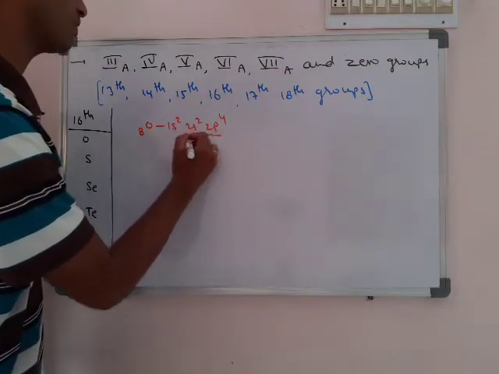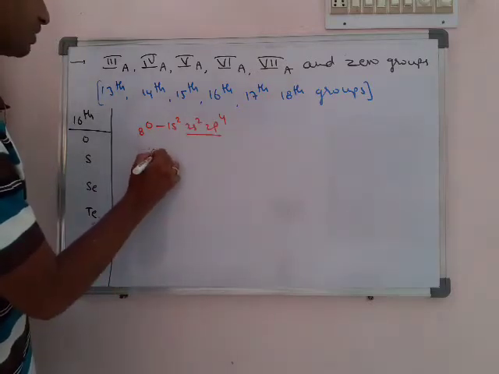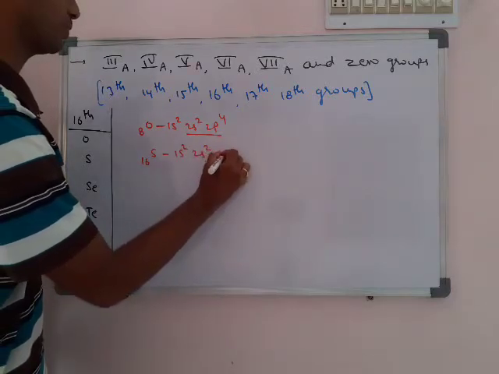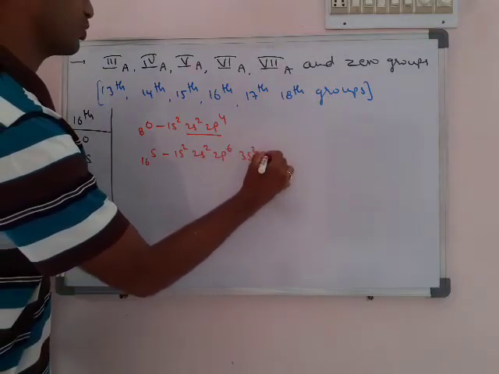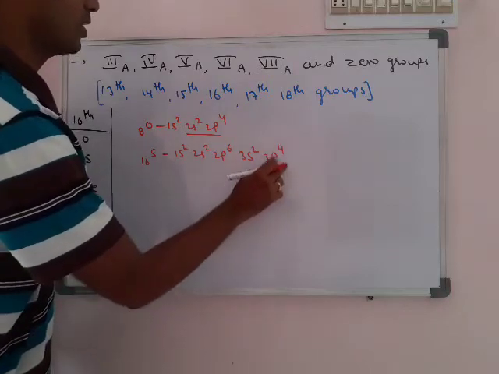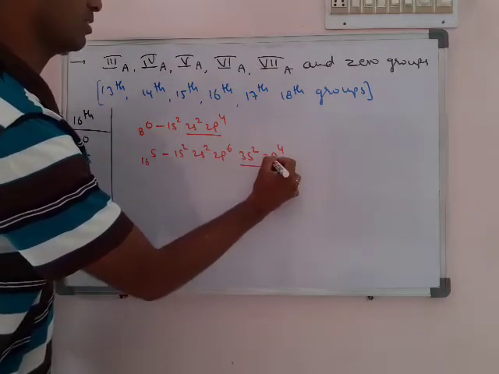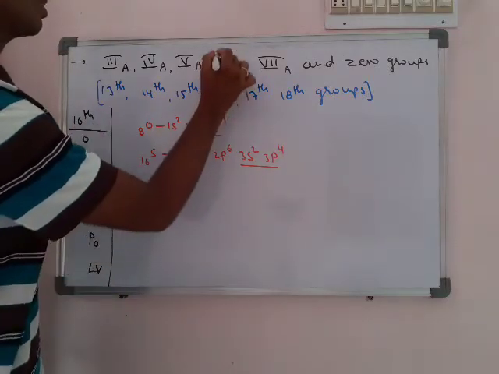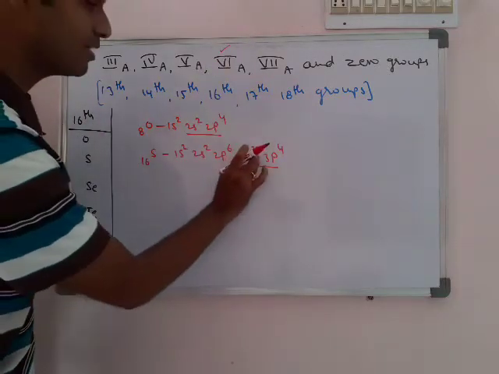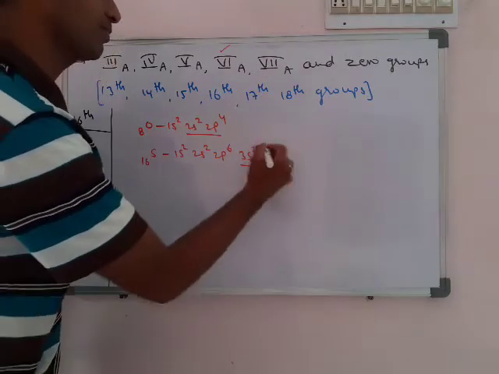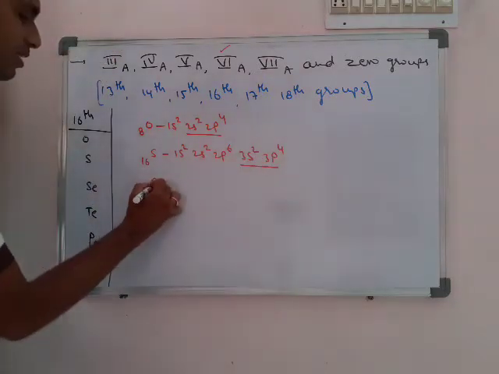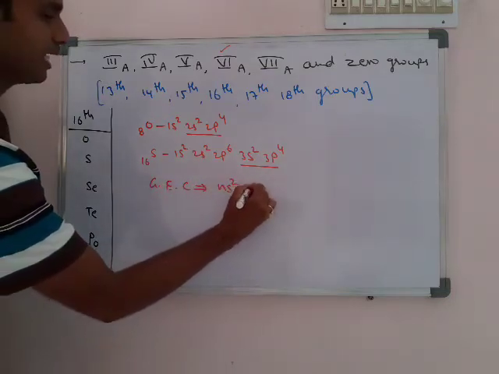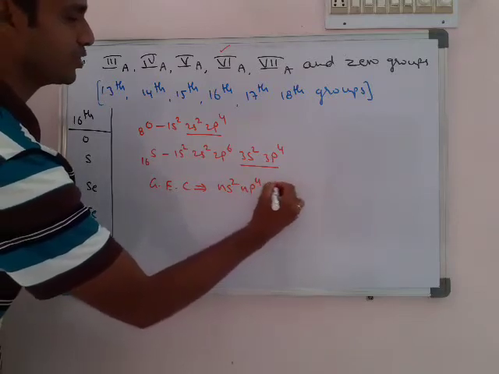What is the valency configuration? ns2 np4. See sulfur also. So 1s2, 2s2, 2p6, 3s2, 3p4, 16. So here in the valence shell there are a total of 6 electrons. So the 16th group is also called the 6A group, having 6 valency electrons in it. So the general valence electronic configuration we can write as ns2 np4, that is s2p4.